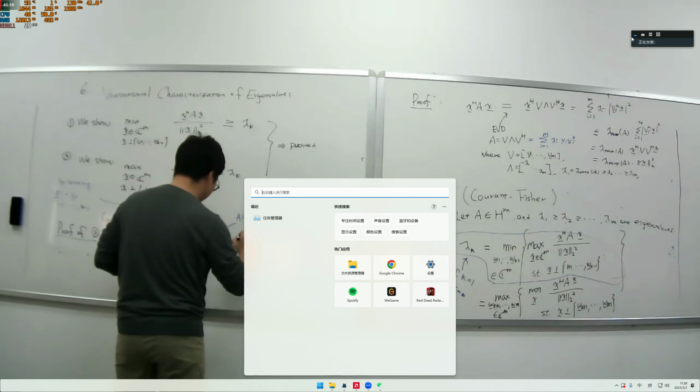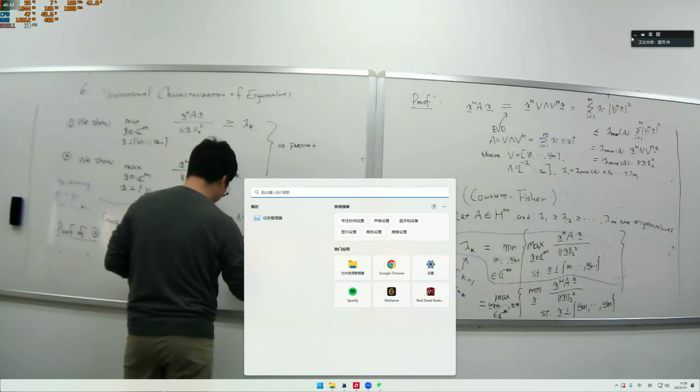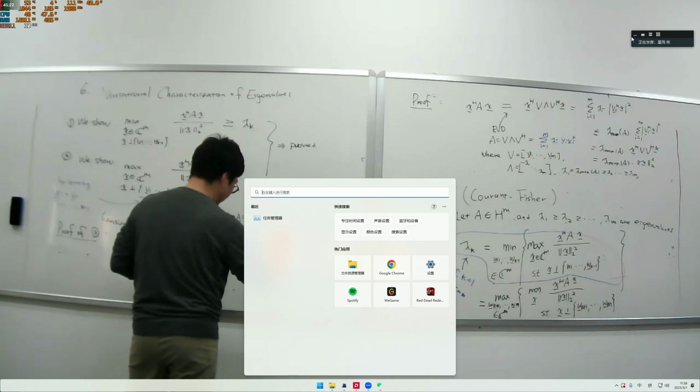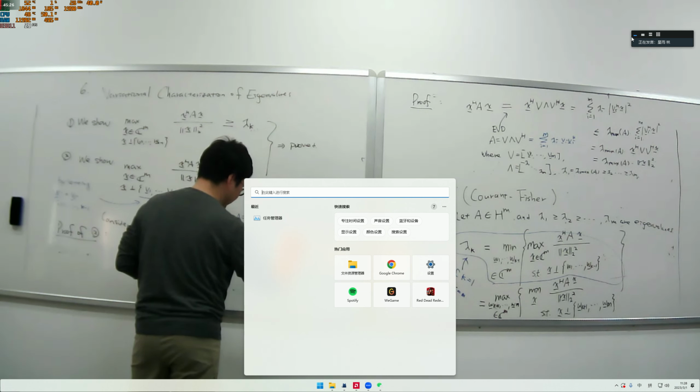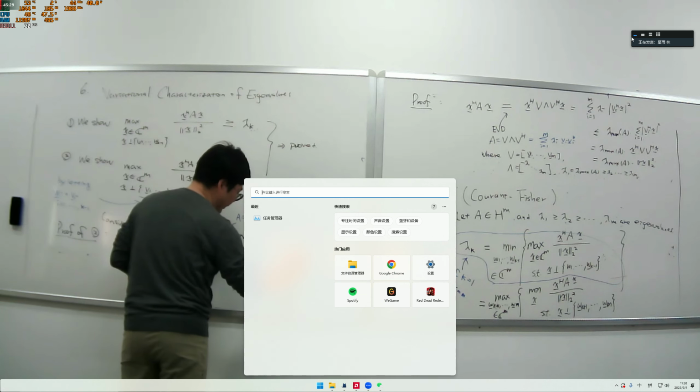So this is the max, subject to the summation of lambda_i times the absolute value squared of v_i Hermitian x, over the squared norm of x.